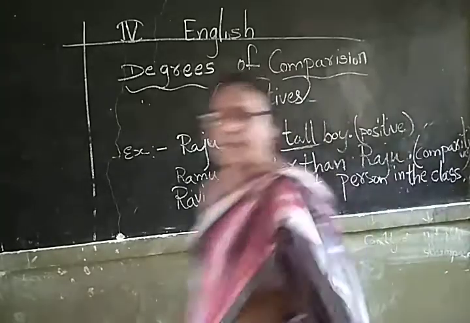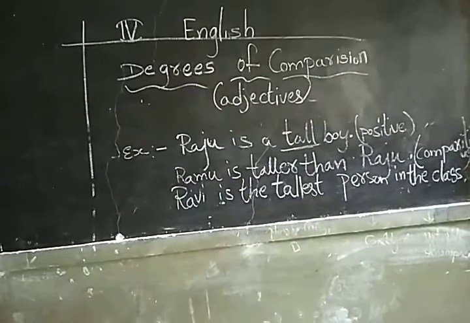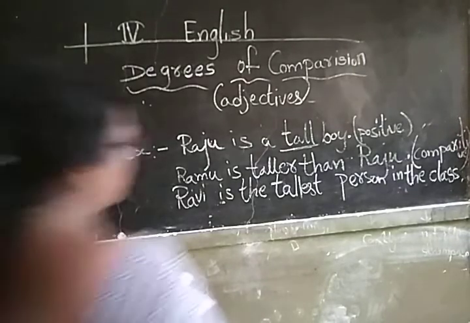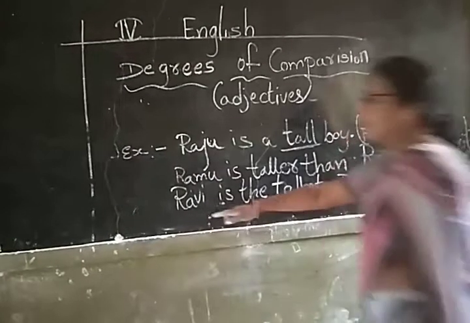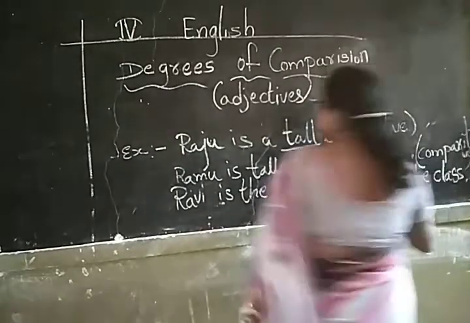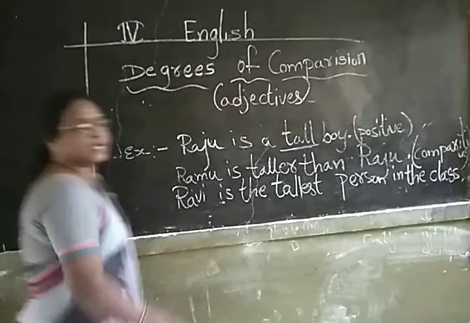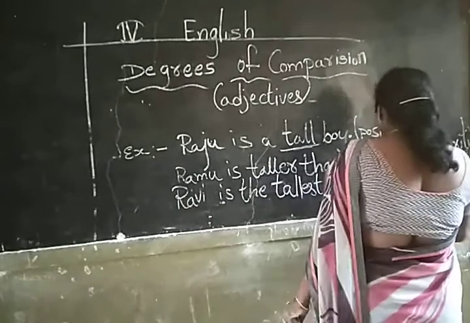See here, what I wrote: Ravi is the tallest person in the class. Now, this is your superlative. I am highlighting only Ravi in the whole class. So I have given the title to only one person, the first person, that is Ravi. That is your superlative.